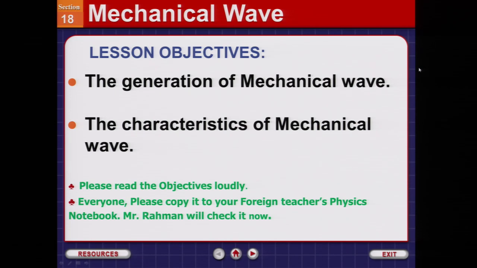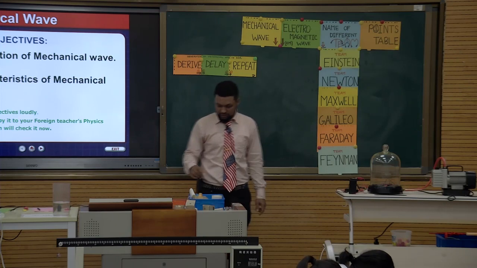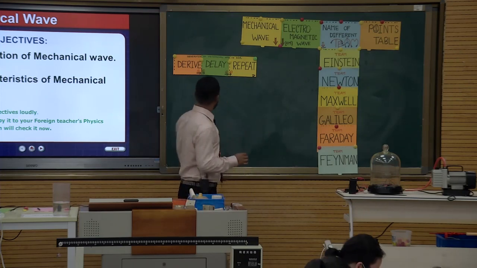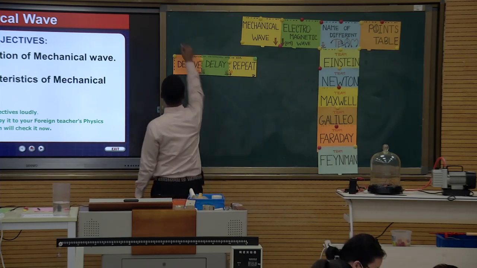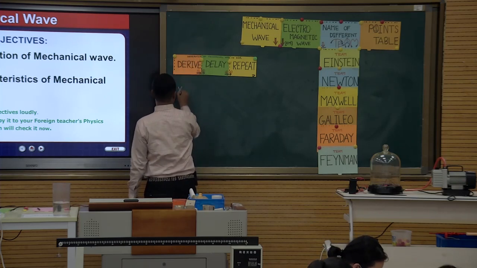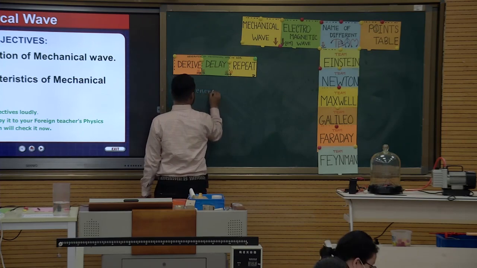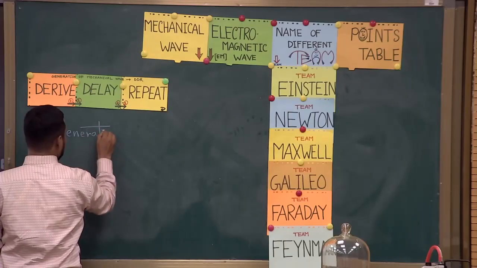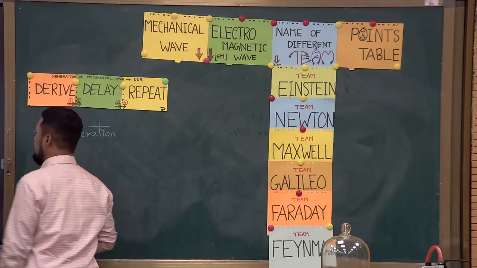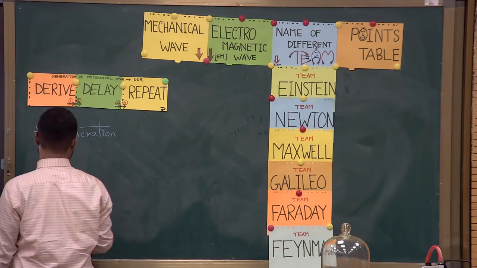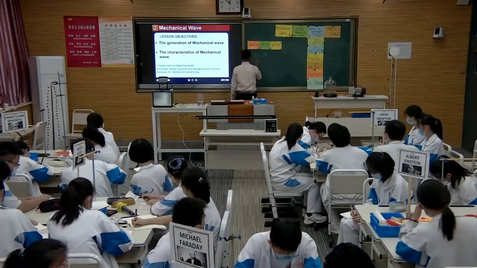So here is our lesson objective for today. Please note it down very quickly: the generation of mechanical wave and the characteristics of mechanical wave. So these are the lesson objectives for today. The first one is the generation, and as well as the characteristics. These two are our main topics.